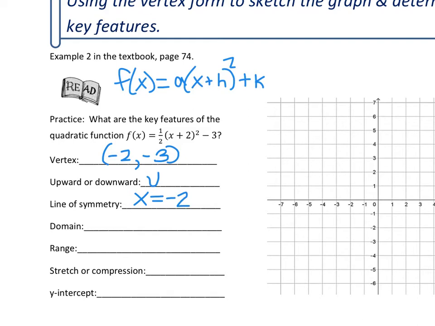And domain and range, I'll save that for after we graph our function. We do have compression, as I already said. A is equal to 1/2. And I think we will also leave the y-intercept until after we graph.